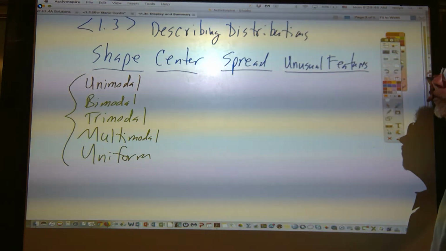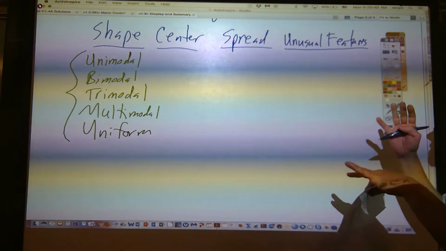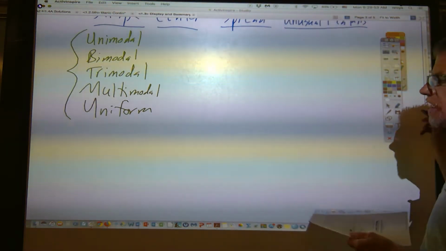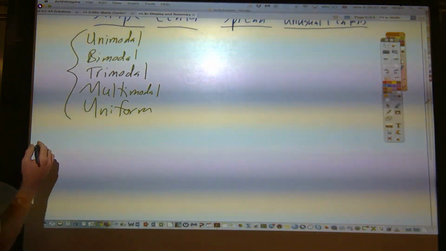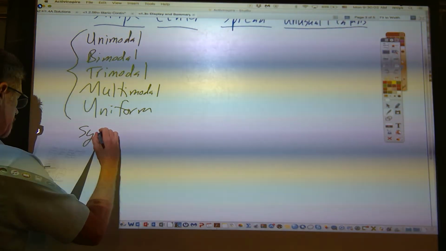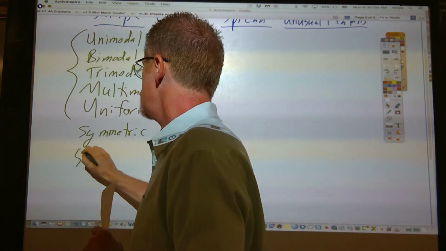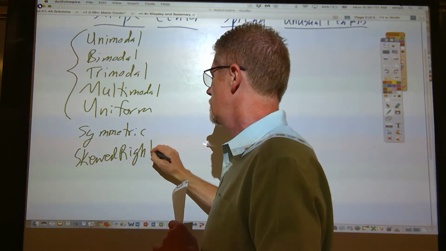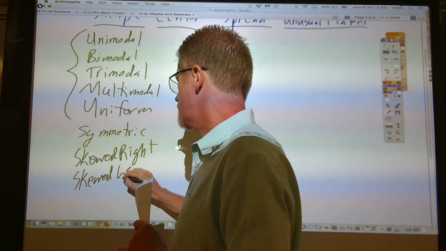Okay, so the other word you need to describe shape, the first one is one of those 5. The second word when describing shape is going to be something like symmetric, skewed right, or skewed left.